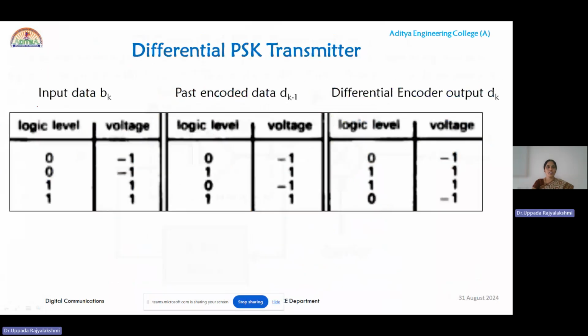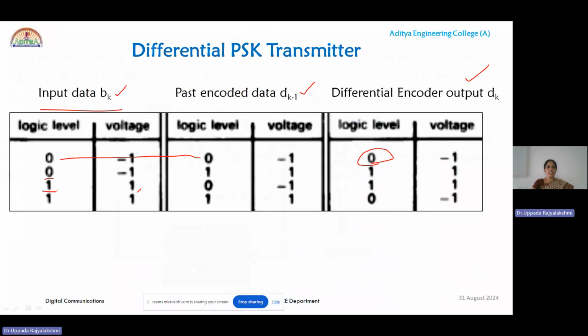Here you can see that if you assume binary bk as the data sequence and past differential encoded data as dk minus 1, and let us assume the differential encoder output as dk. If both the inputs are the same, 0 0, we know that the output is 0. Because it is bipolar, the voltage levels are such that if the data logic level is 0, the voltage will be minus 1, and if the logic level is 1, the voltage is plus 1.